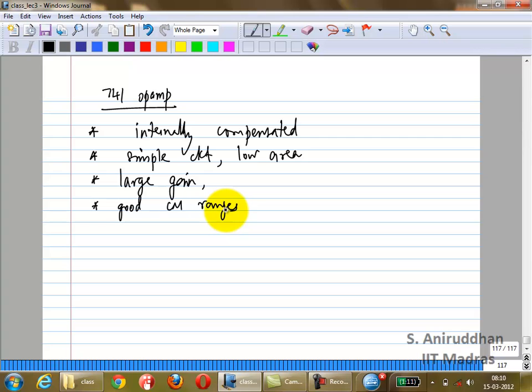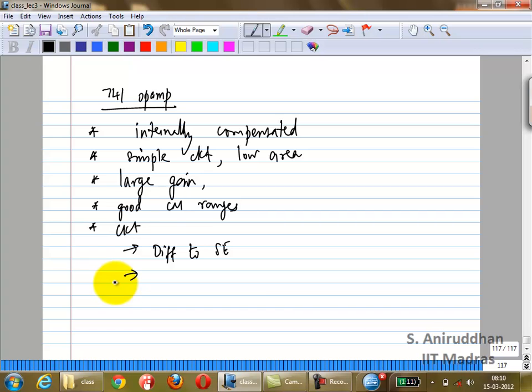We have seen very similar things in the case of the MOSFET op-amp also, so nothing different about it. And one more thing, what do you need from the circuit itself? You need things like differential to single-ended, same old stuff.